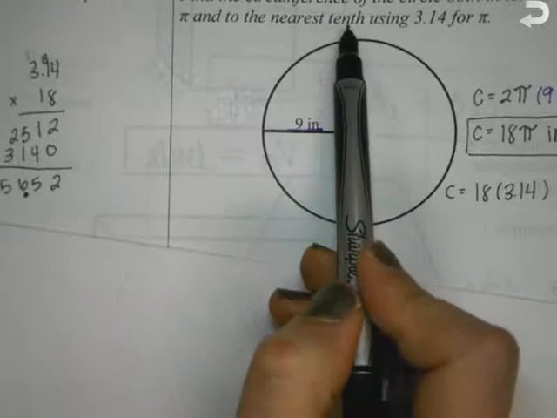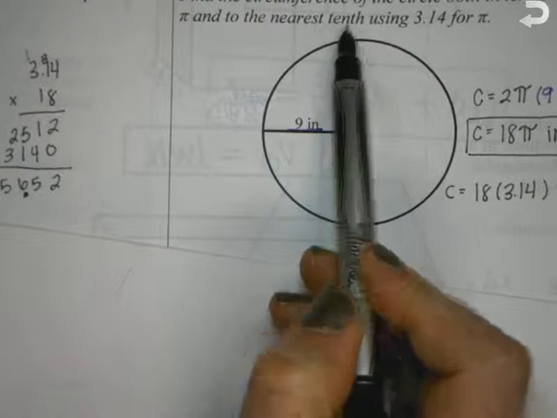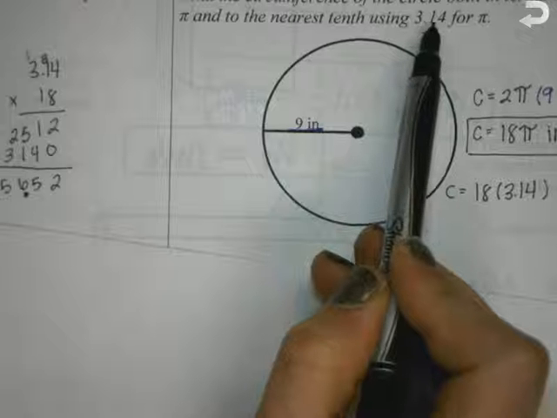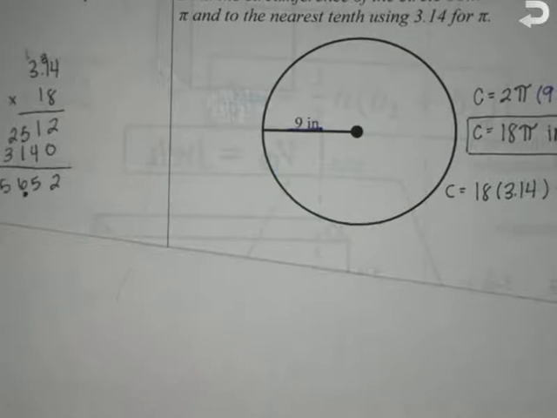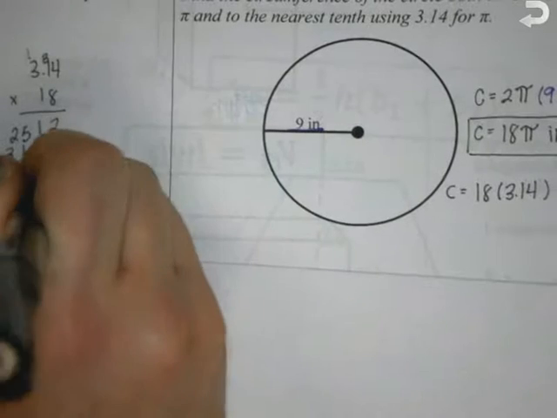So I look at the 5. Okay, so I want to round it to the nearest tenth. That's the 5. So I need to look to the next number to the right, which is 2. Does that mean I round up or down?